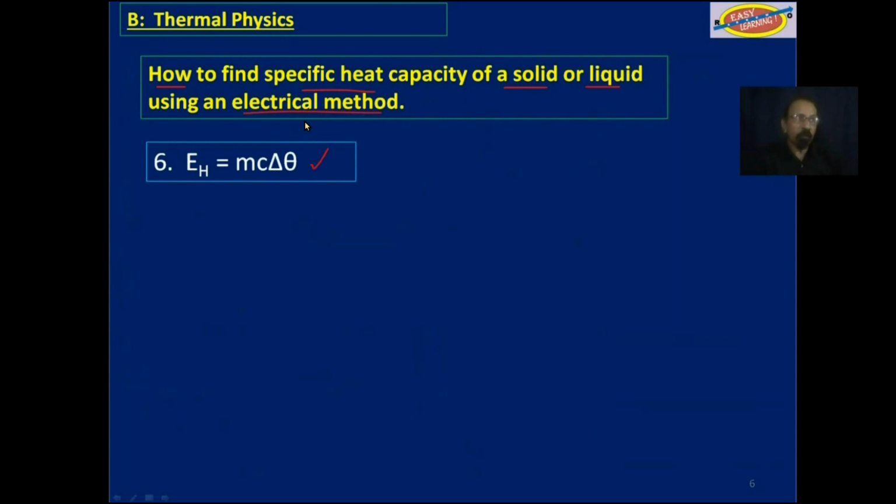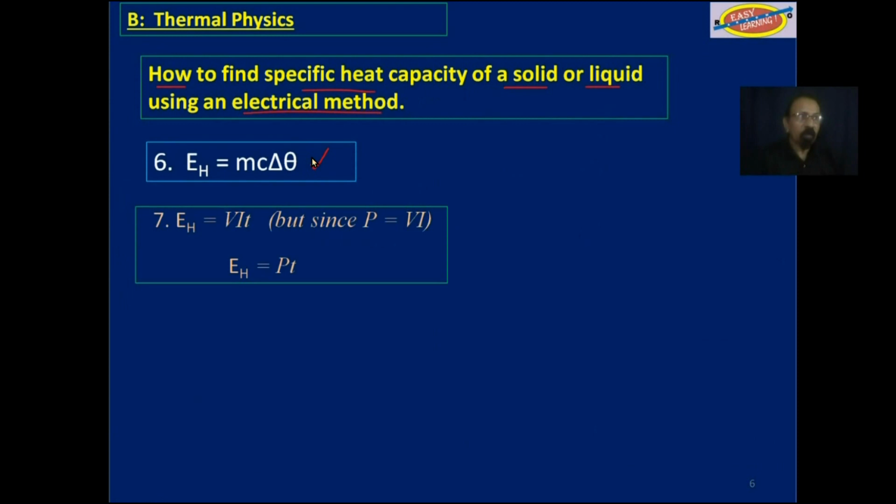Now we saw this formula before, from which we got M1 C1 delta theta 1 is equal to M2 C2 delta theta 2.